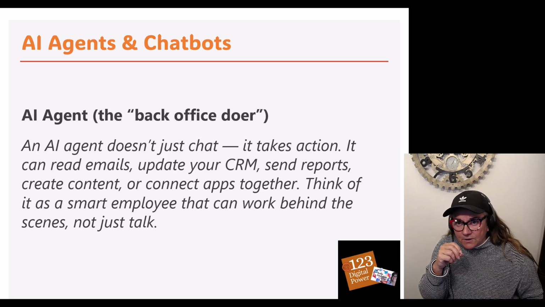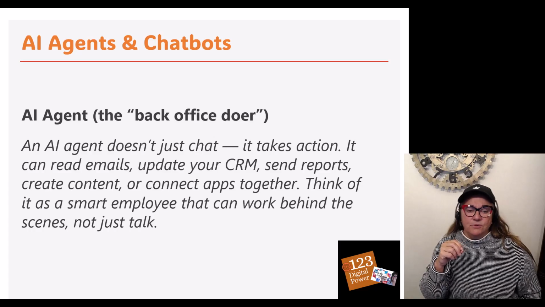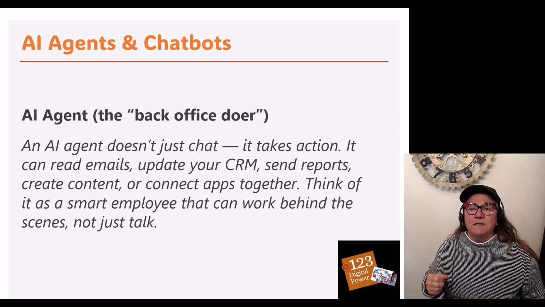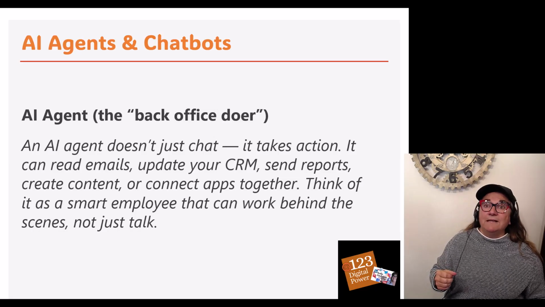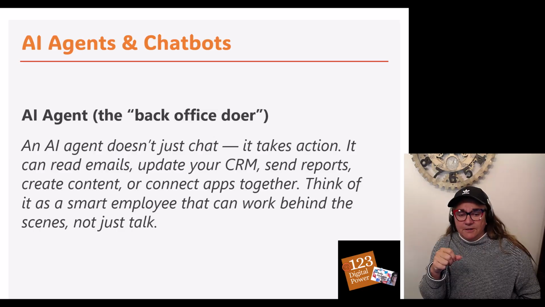So that's huge, right? So it's not just acting, it's thinking. So you have this AI agent that can read your emails, update your customer relationship management systems, send reports, create content, create appropriate content, not just cookie cutter content, and connect apps together. Am I blowing my mind here? Yes, it can actually connect apps together.